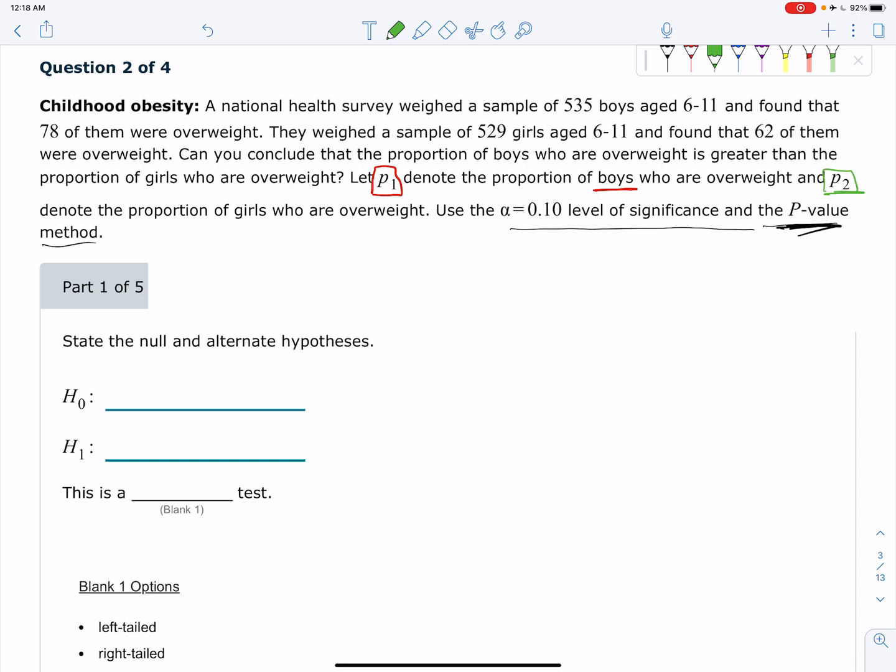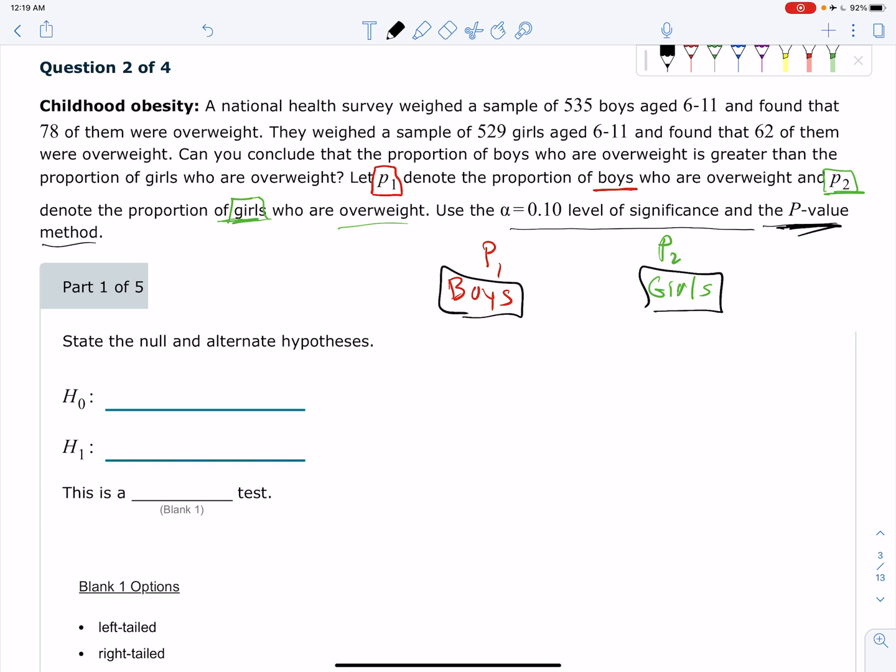Well, that denotes the proportion of girls. So these are girls who are overweight. So that allows me to start organizing. P sub 1 is the boys, and P sub 2 is defined as the girls.